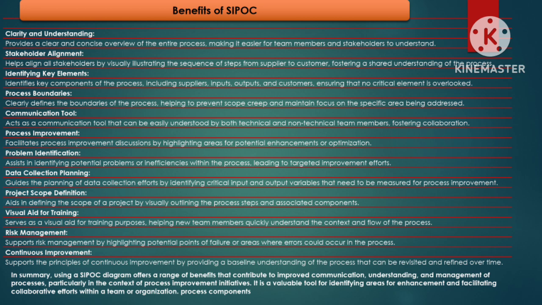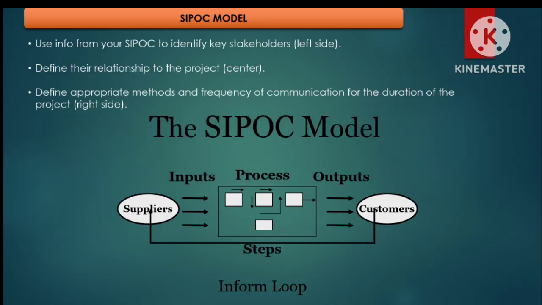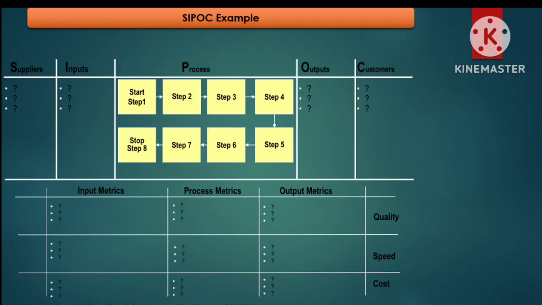Based on your choice, you can pick up one example from any product, any services, or any offerings, and use the templates that I have here. So here you can capture the suppliers, inputs, process steps, outputs, and customers who can be associated with that particular product or service or offering that you are choosing.